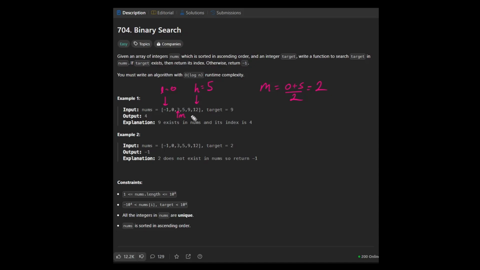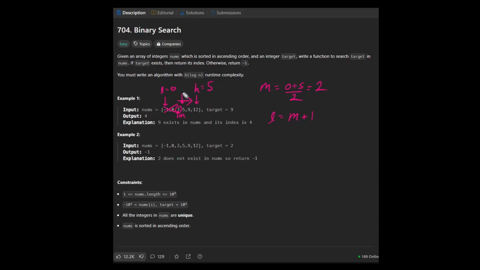Is 3 the target? No. On which side the target would be? On the right side. So we would reject this entire part, which means we would say L is equal to m plus 1. Why m plus 1? Because this element is already considered. There is no need to look at it again.